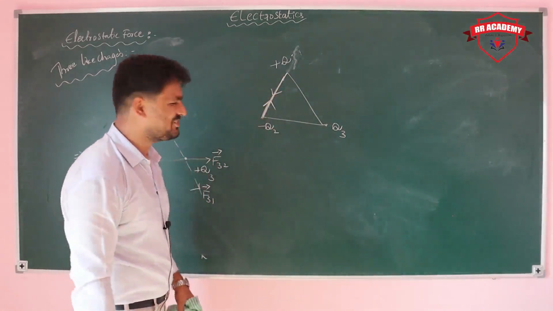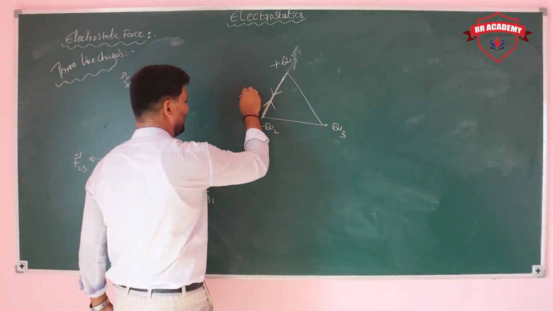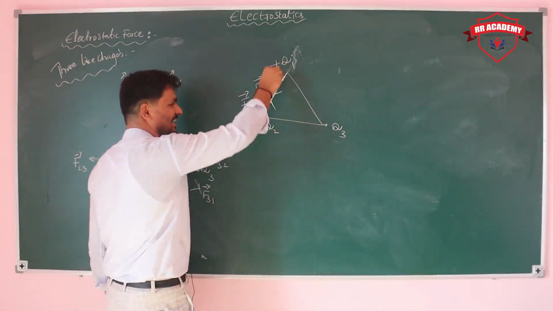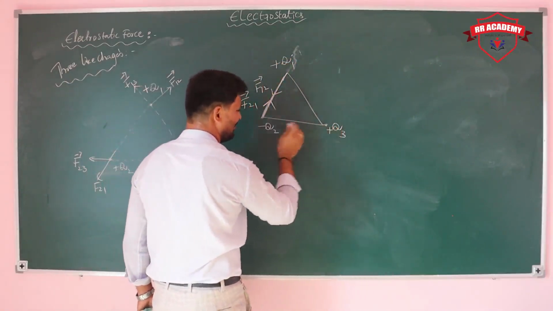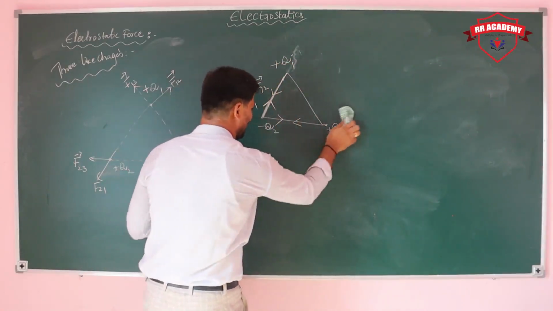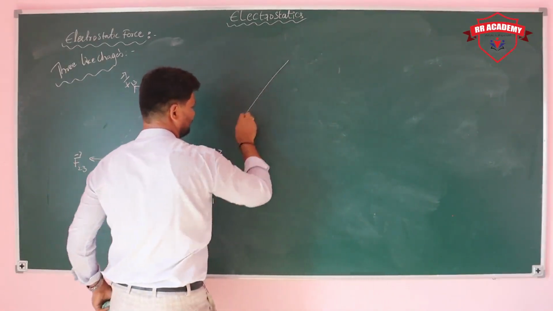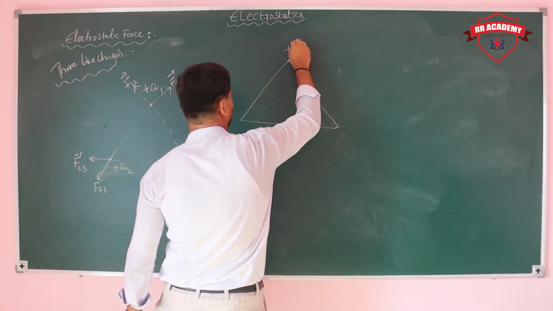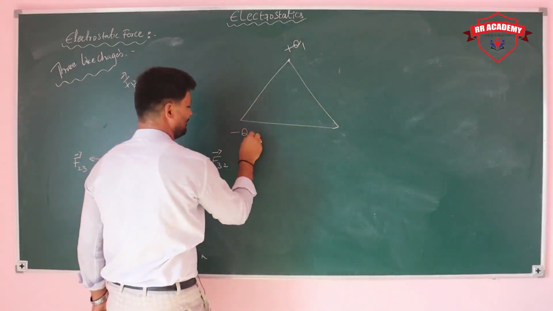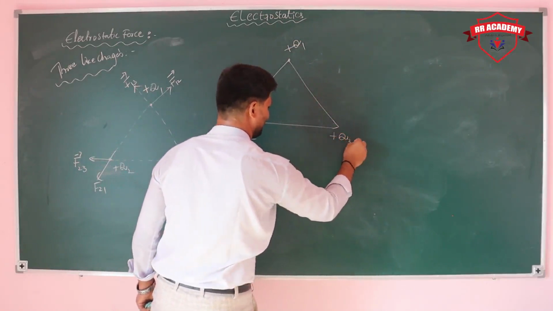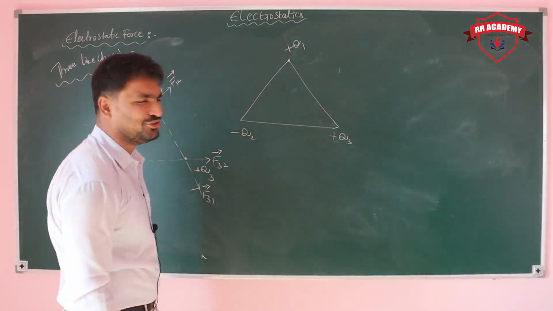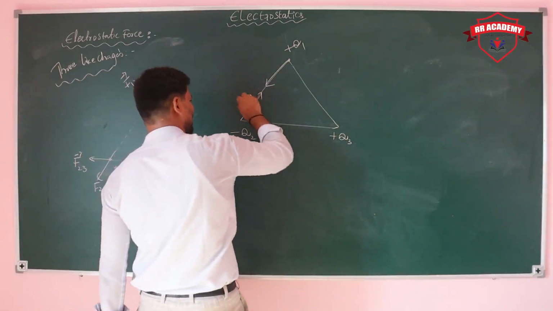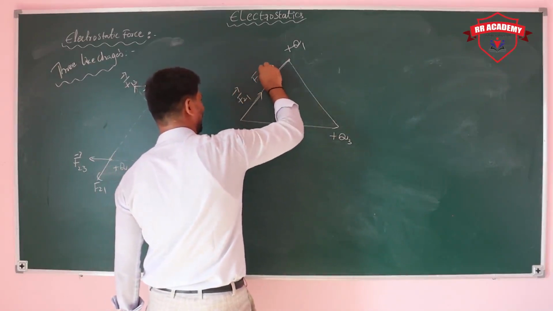Because these two are attracting each other with what force? F21 and as well as F12. These two are attracting each other. What about these two? These two also attract each other, because Q1 is positive, Q2 is negative and Q3 is positive. Between Q1 and Q2, attraction: this is F21, this is F12.